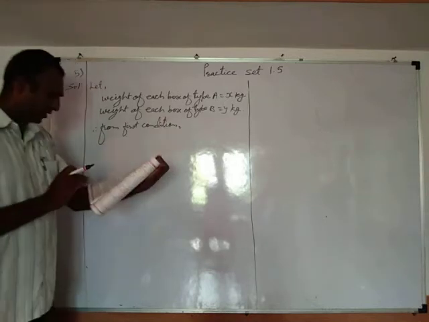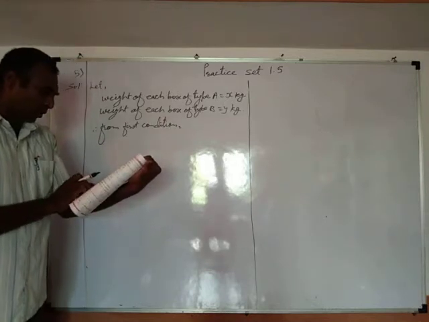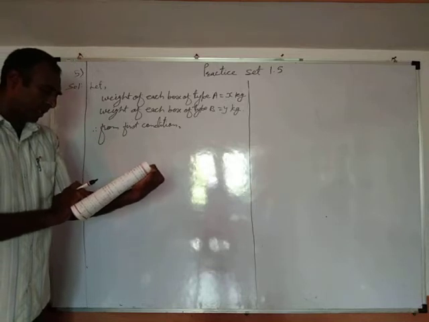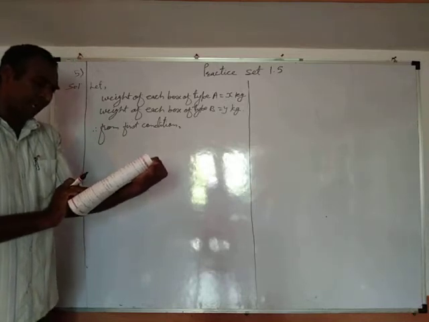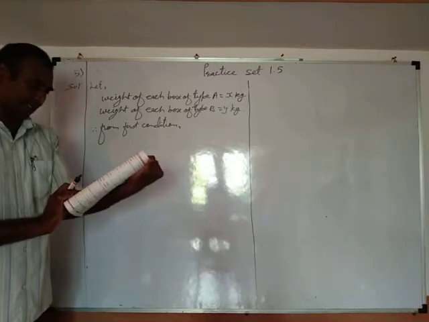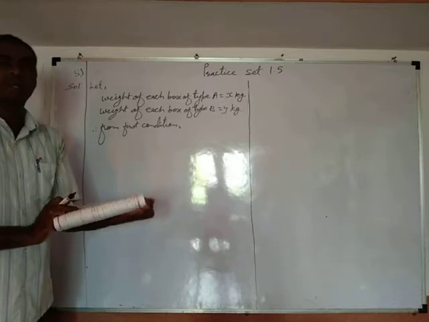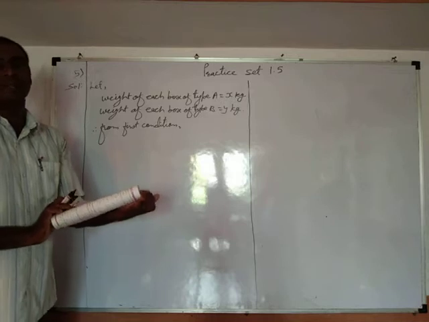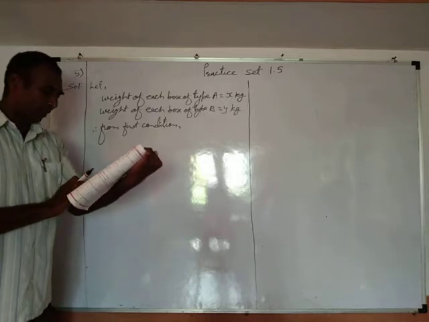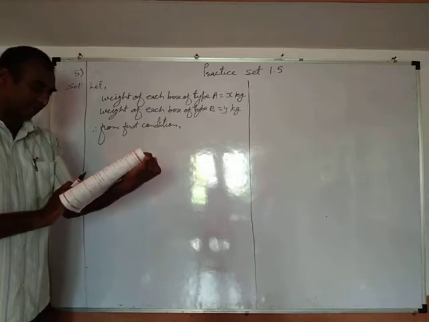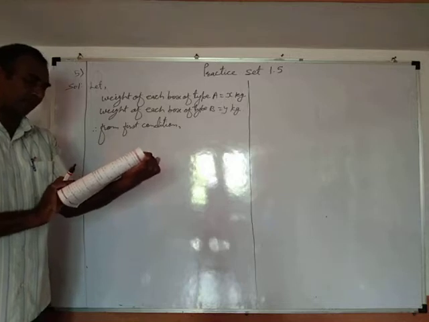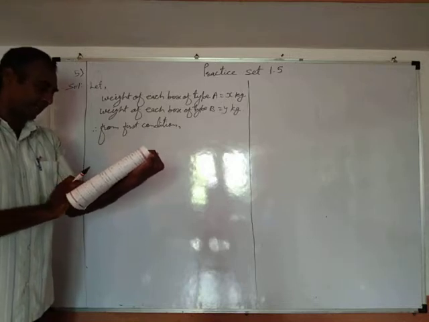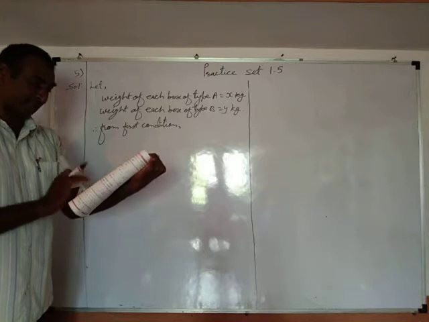what is the first condition? Two types of boxes A, B are to be placed in a truck having capacity of 10 tons. 1 ton equals 1000 kg, means 10 tons means 10,000 kg. When 150 boxes of type A and 100 boxes of type B are loaded in the truck, it weighs 10 tons.